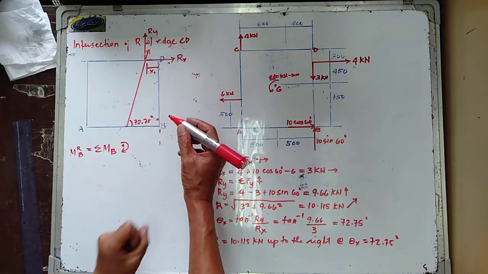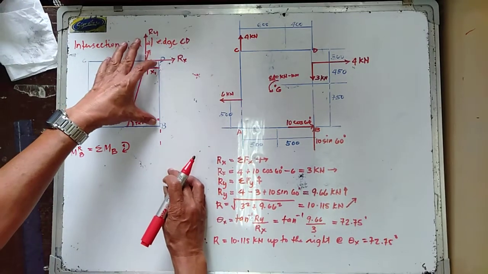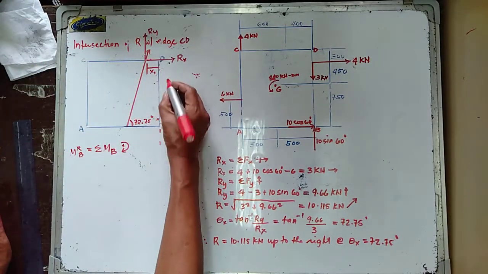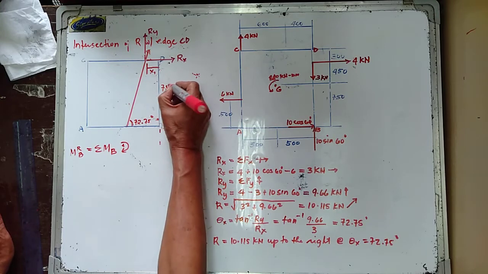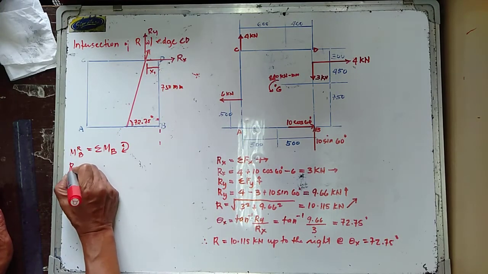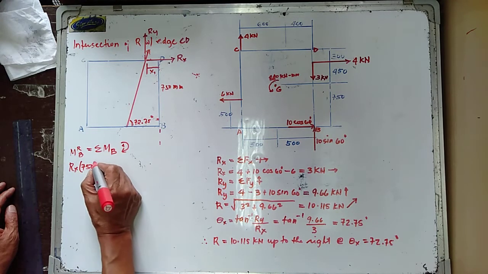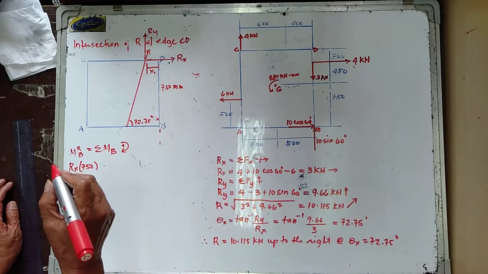So, we now have your Rx. Multiply this one by 1,500 millimeter, which is 300, 450, and 750. So that is now your Rx going clockwise.